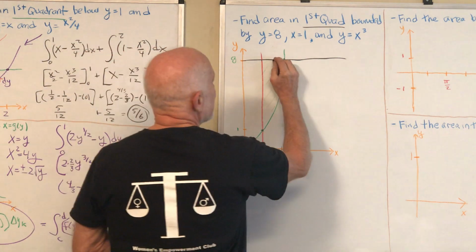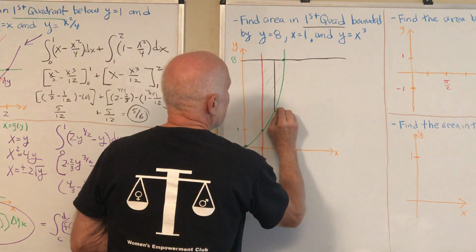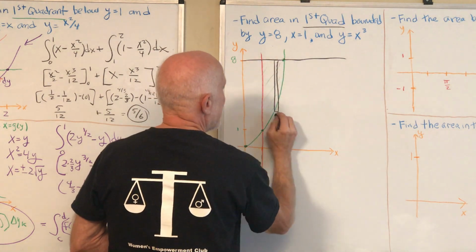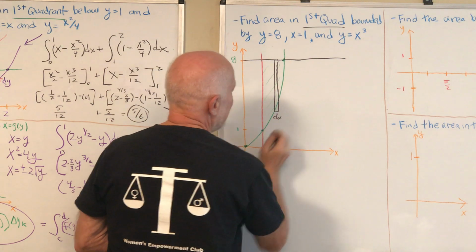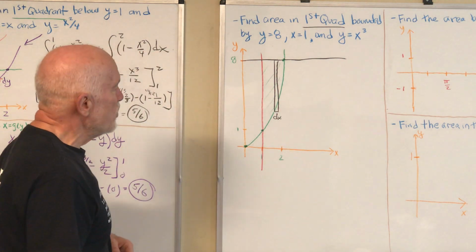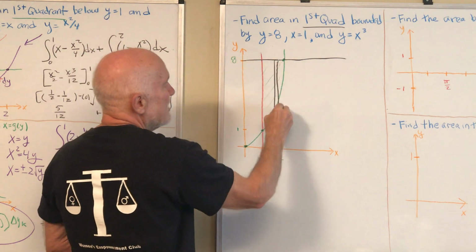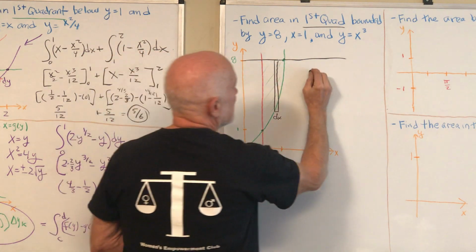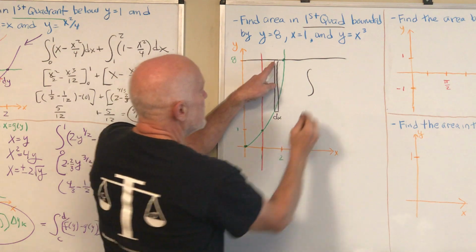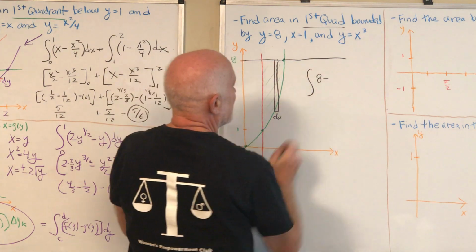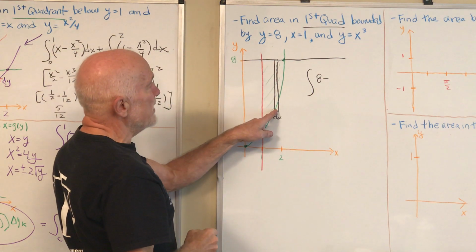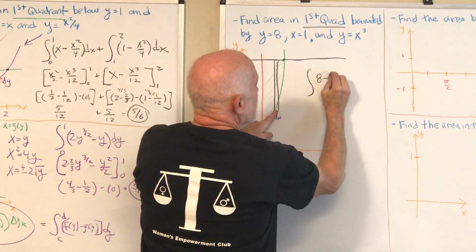Let's say we make our rectangle like this, up and down vertical. Then that's going to be dx as my width. My height is going to be this y value minus this y value. So the bigger y value is 8, and the little y value is x cubed.